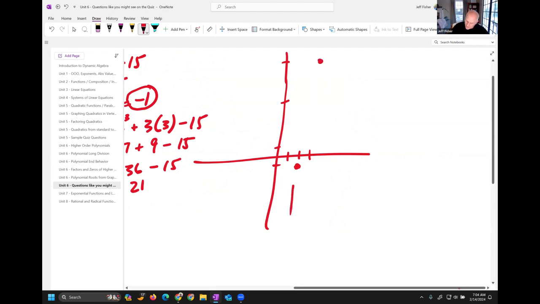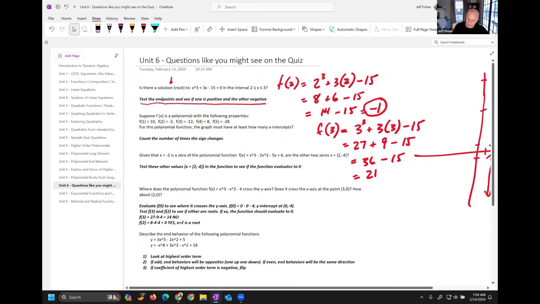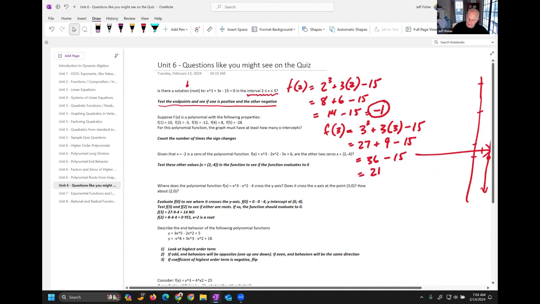So yes, there is absolutely a root, because in order for the graph to connect, it has to cross the x-axis right there. So that tells us that there is a root between those two values on that interval. Okay? That's how you solve that one.